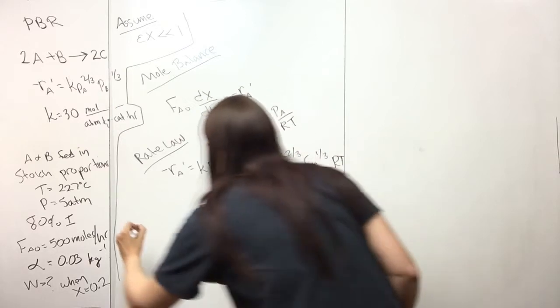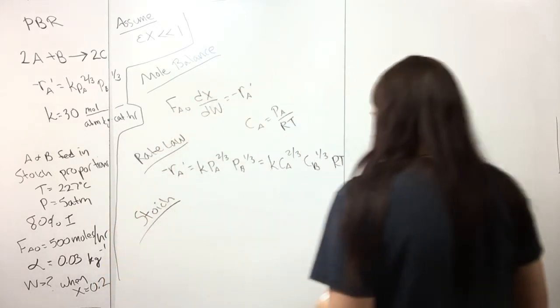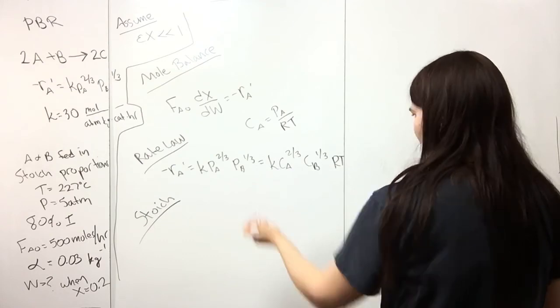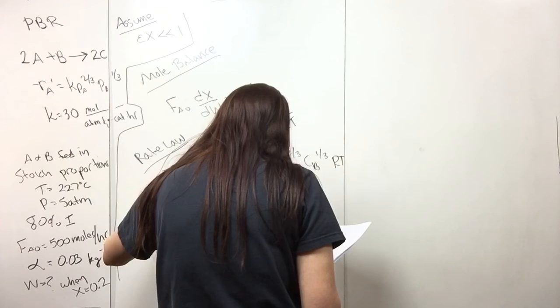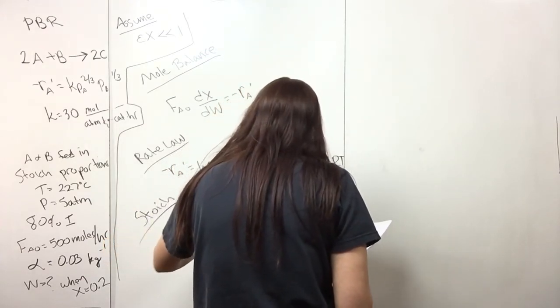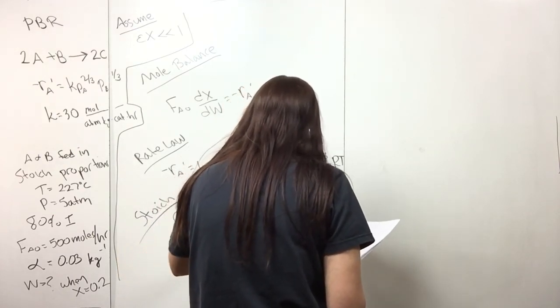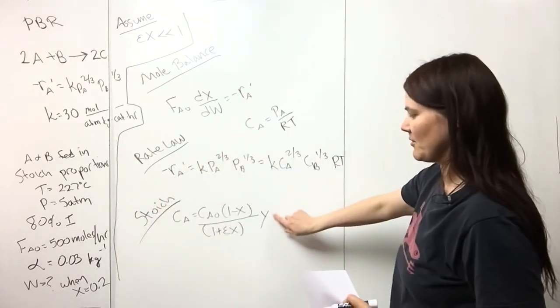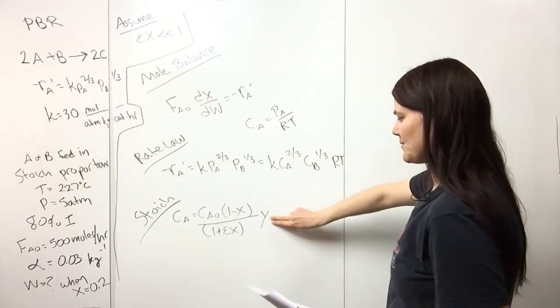So then I can do the stoichiometry. So I need to write an equation for CA and CB. So CA is equal to CA naught 1 minus x over 1 plus epsilon x multiplied by y, because remember we have a pressure drop, so y is this, so this is P over P naught.